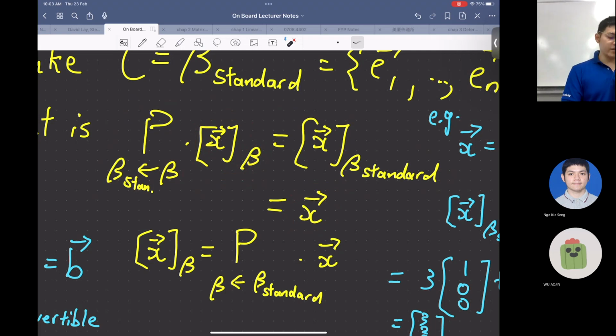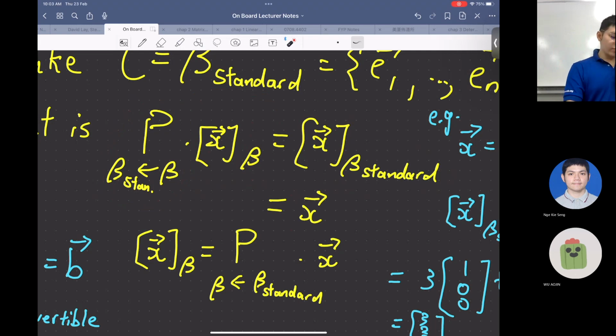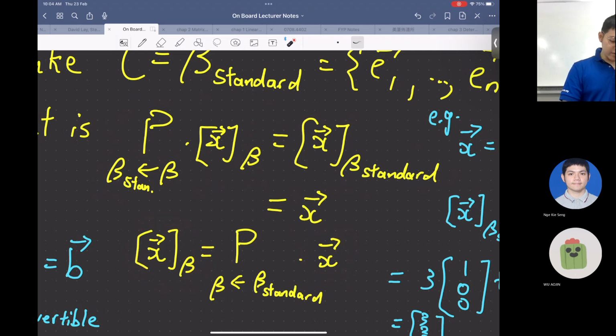Similarly, because this is invertible, we can move this matrix to the other side by multiplying by the inverse. So we can get the coordinate vector of x in terms of B by multiplying the change of basis from standard basis to B on the vector.